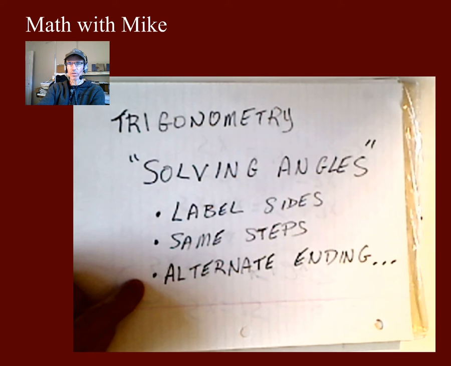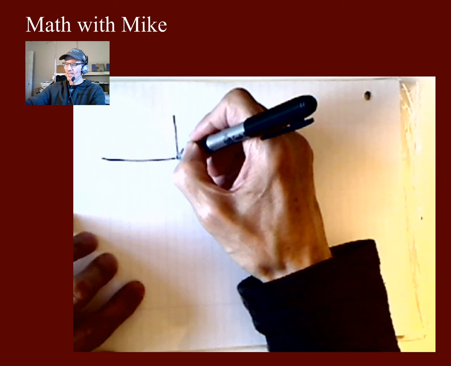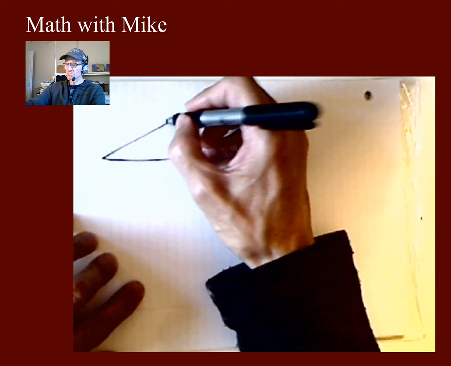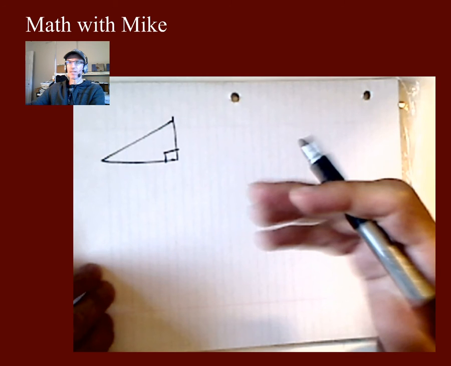Because we're looking for an angle, we need to have some sides in place. That is, we need to know the numbers for a couple of sides. This thing is starting to look like a bit of a sailboat, but if you allow me, straight line, straight line, straight line, right angle triangle.